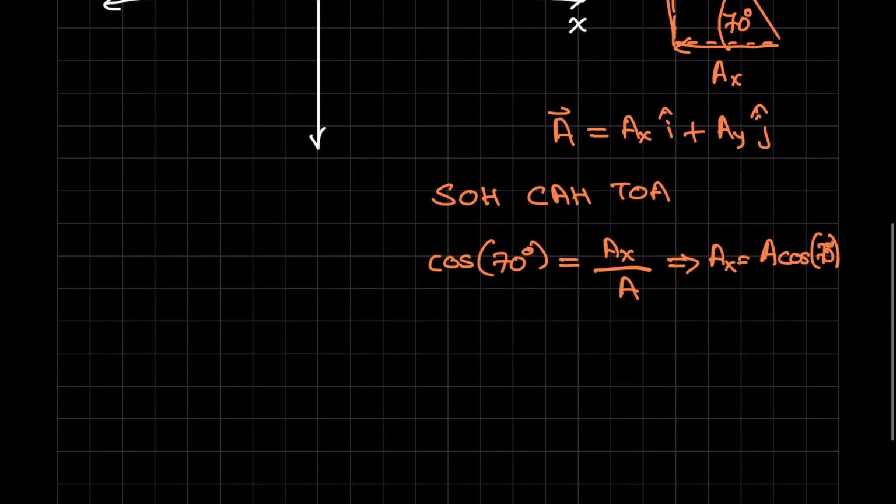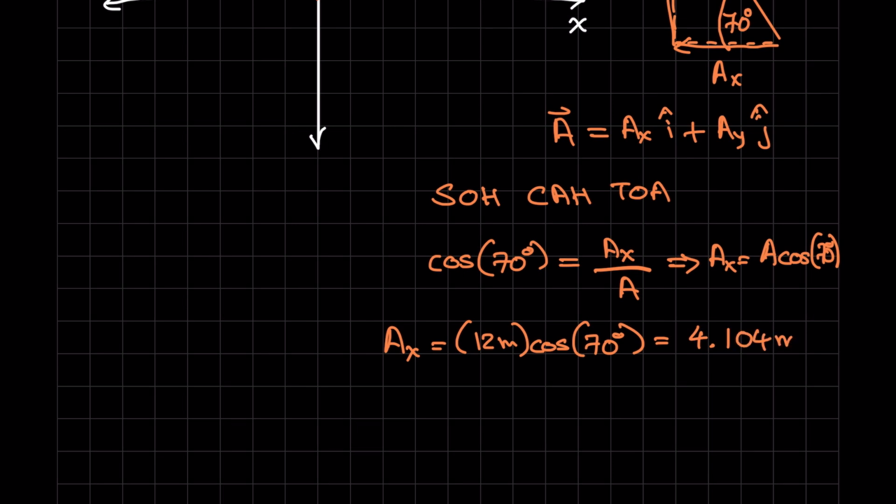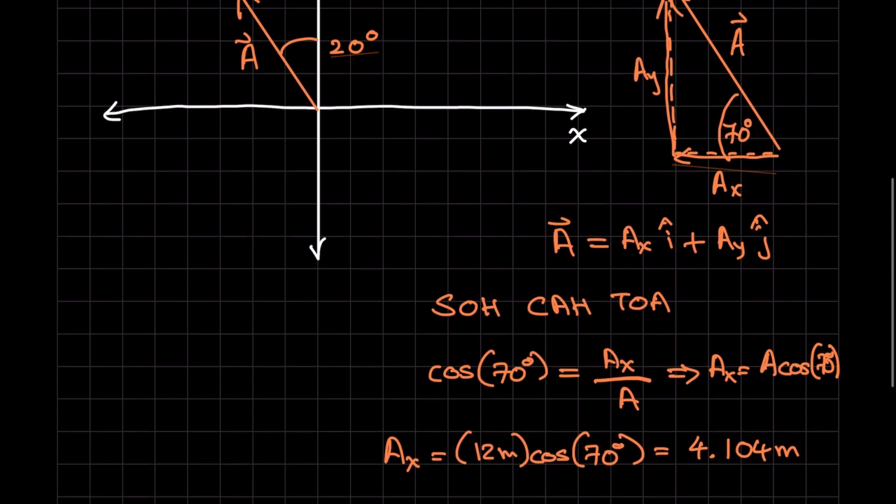Working that out, ax is equal to 12 meters times cosine of 70 degrees, which is 4.104 meters.